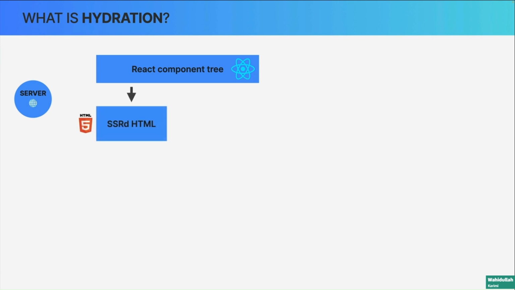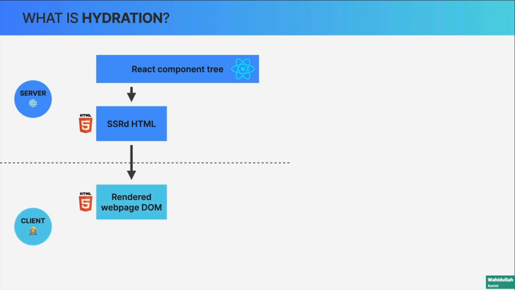Now, of course, this is a huge oversimplification because there is a lot more stuff that's going to be generated, but it works well enough to understand this mental model. So anyway, it's this HTML that is then sent to the client and then, of course, rendered in the browser as a web page. So just like we talked about in our first video on server-side rendering.